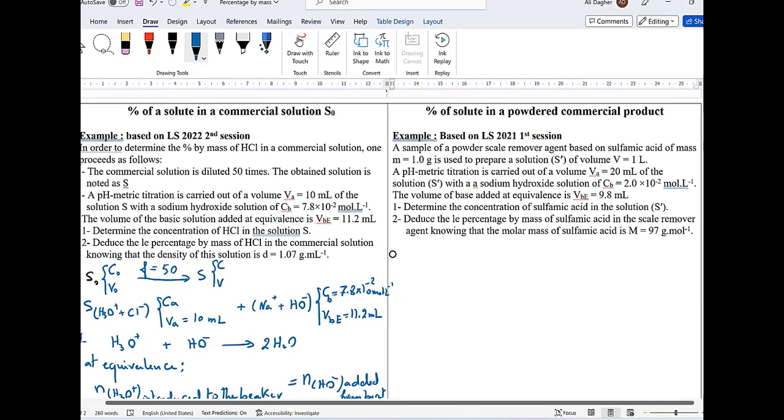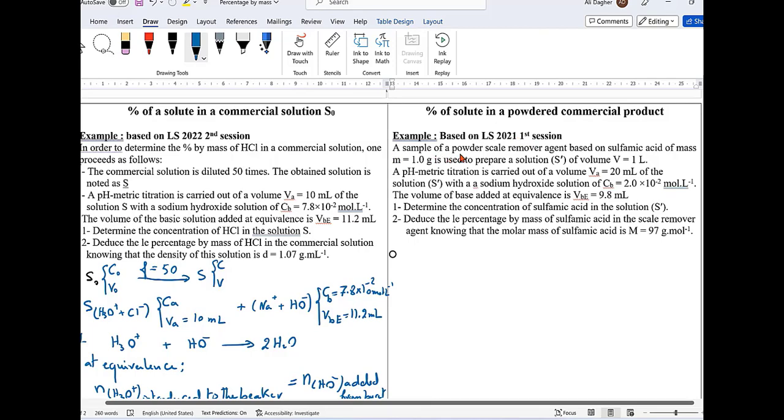Now, second case, percentage by mass of solute in a powdered commercial product, or what is called percent of purity of this commercial product. We'll solve an example based on Life Science 2021, first session.